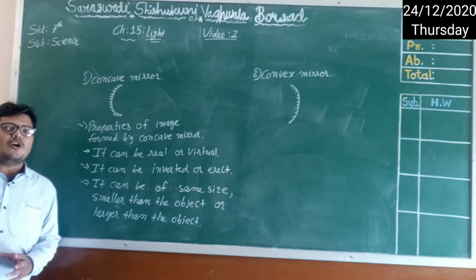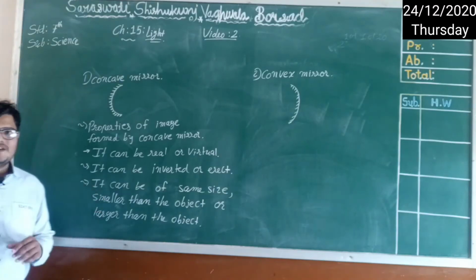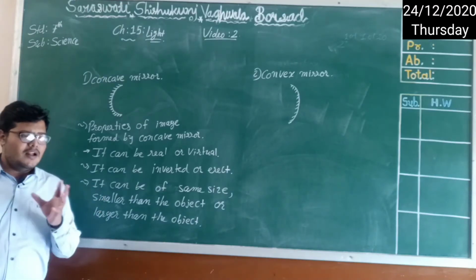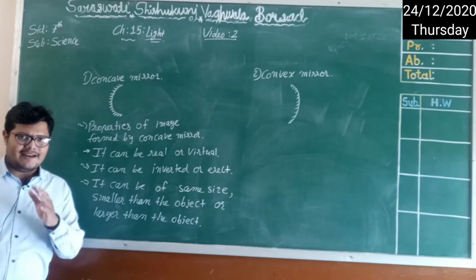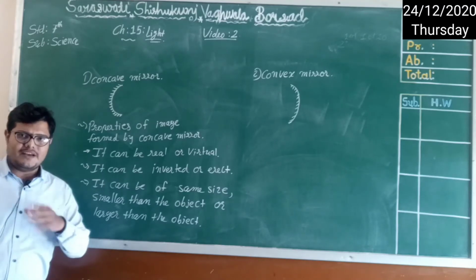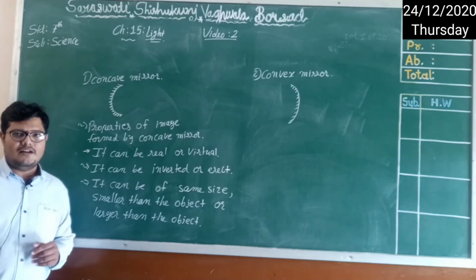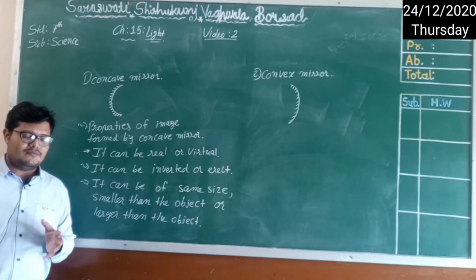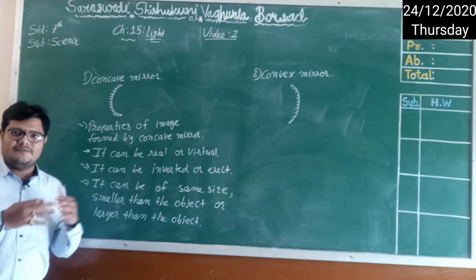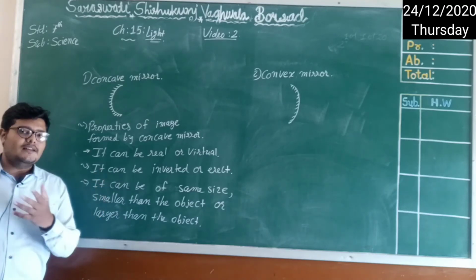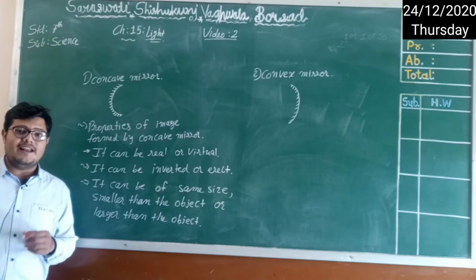Now if we talk about applications of concave mirror, what are they? Concave shape is used in satellite dishes to concentrate the waves at one center point. So basically here we are concentrating light rays if we are talking about mirrors. It is also used in headlight reflectors.